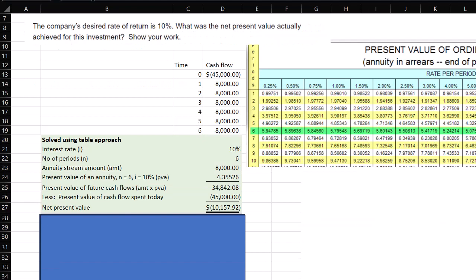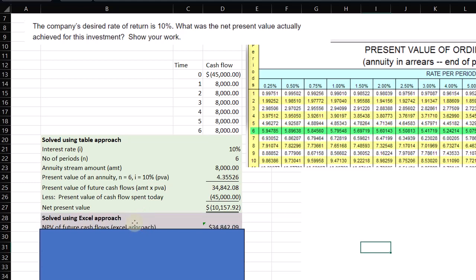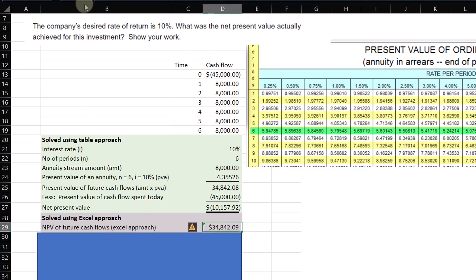Next, I've adjusted the screen so we can look at how we would solve this with Excel. We need to calculate the net present value of the future cash flows, and how you would do that is use this function.